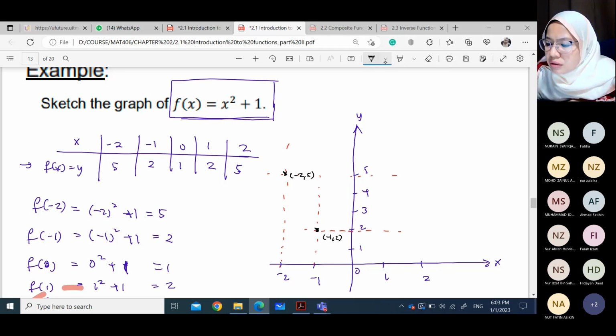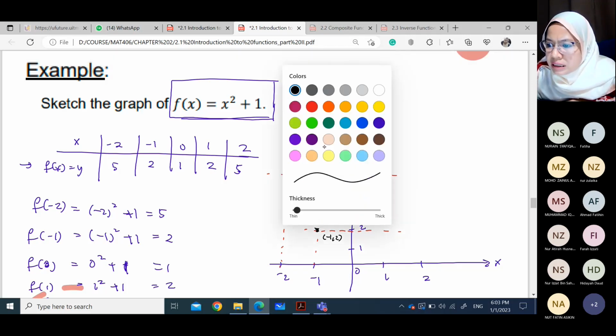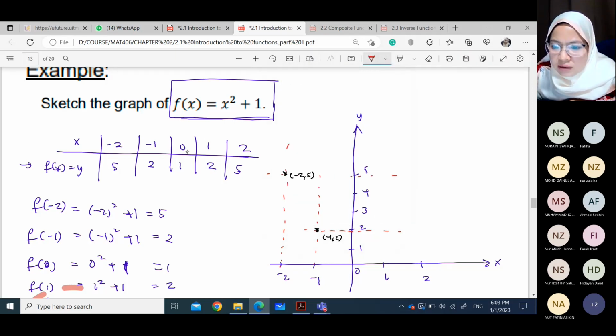Next, x equals to 0. So y is berapa tu? Y 1. So x 0 dekat sini. So along y axis ni adalah x equals to 0. And y here is 1. So kat sini lah. So maknanya sini adalah titik yang ketiga.